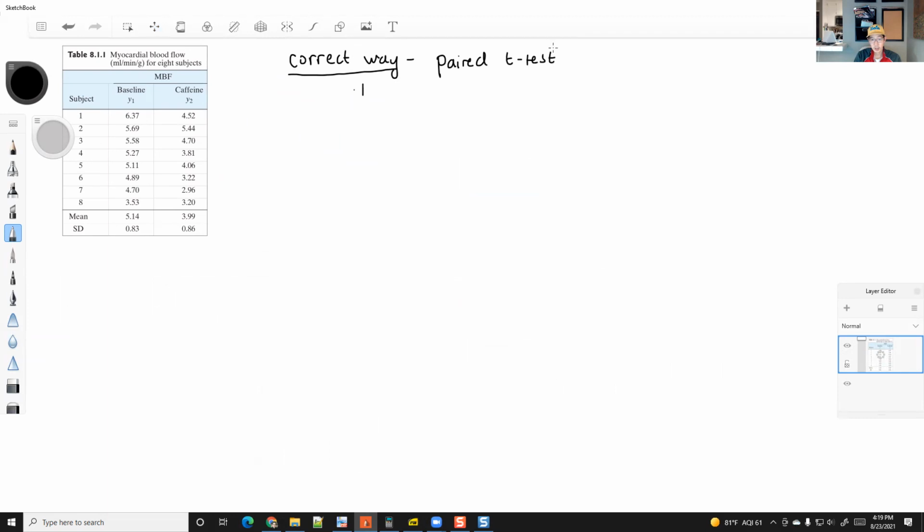And this treats the values in the two columns as a pair. So what we're going to do is calculate a column of differences.